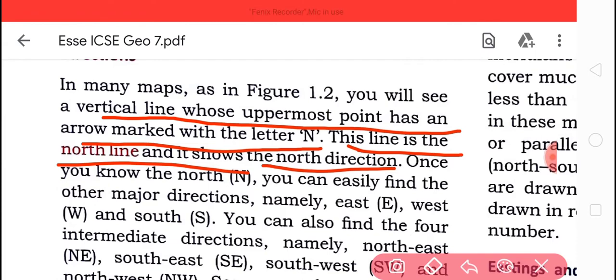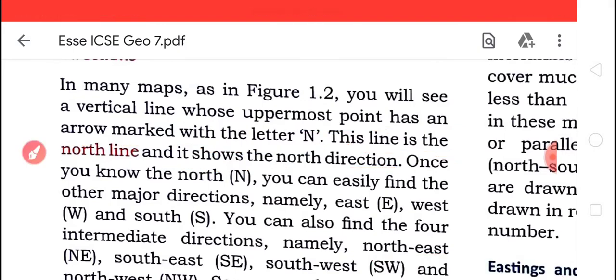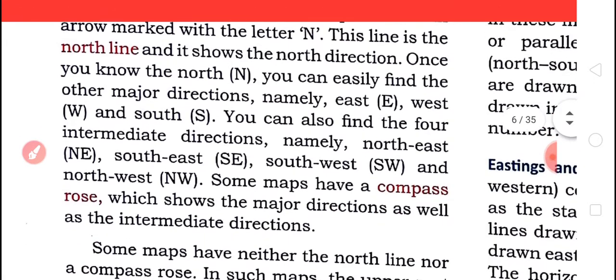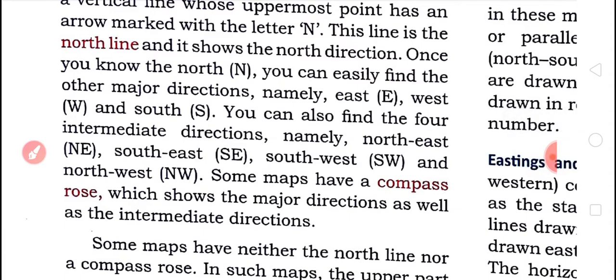Once you know the north direction, you can easily identify all other directions: east, west, south. And you can also identify the other 4 intermediate directions: northeast, southeast, southwest, and northwest.